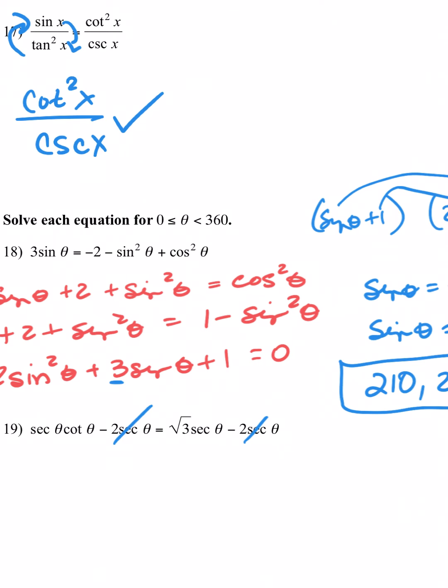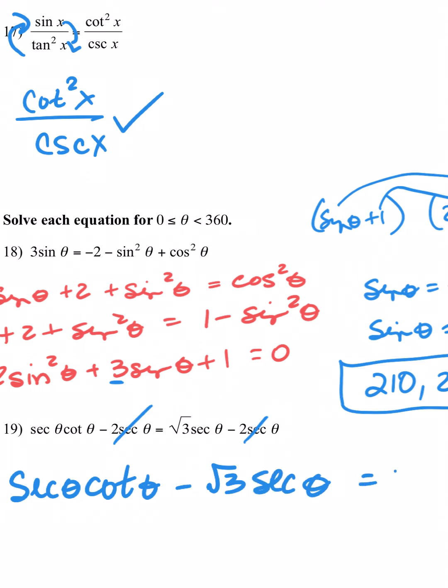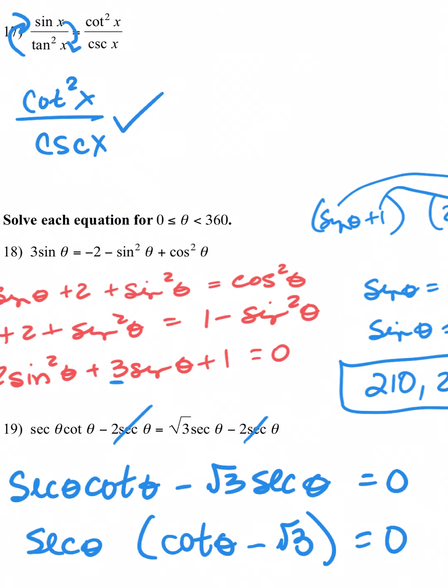So now I move everything to the left, and I would have secant of theta cotangent of theta minus root 3 secant of theta equals 0. And then I can factor out a secant of theta, and I have cotangent of theta minus root 3 equals 0, and I make each one of those equal to 0.